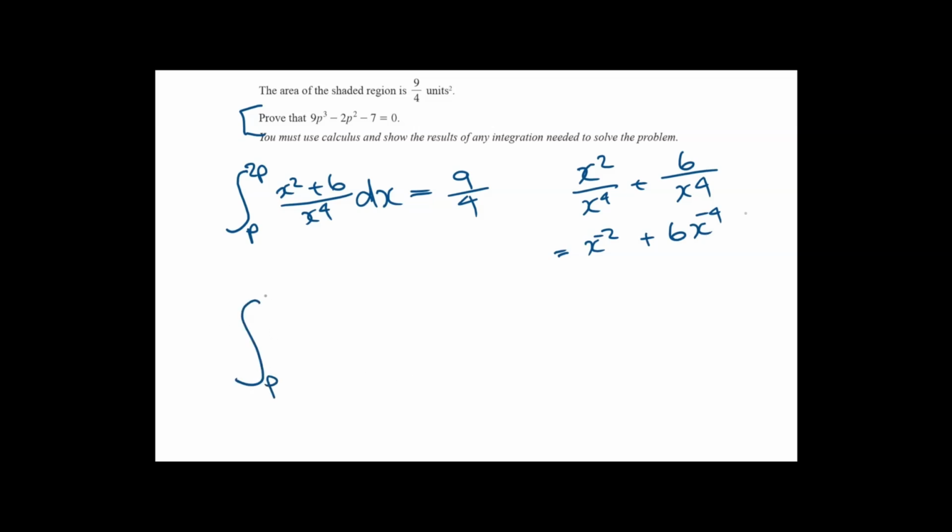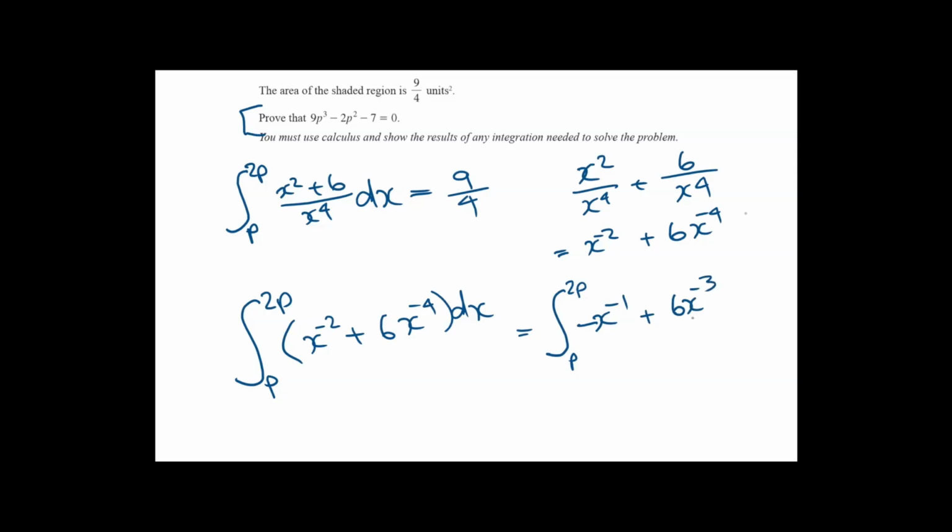So drawing up again, here it is. So we have the integral of x to the minus 2 minus 6 x to the minus 1. So far, so good. If we ignore that p and 2p, we're going to get x to the minus 1 divided by -1, which is negative x to the minus 1, plus 6x to the -3 divided by -3.